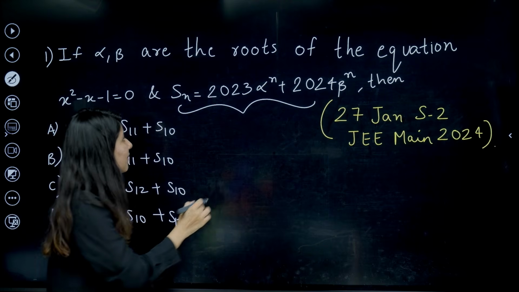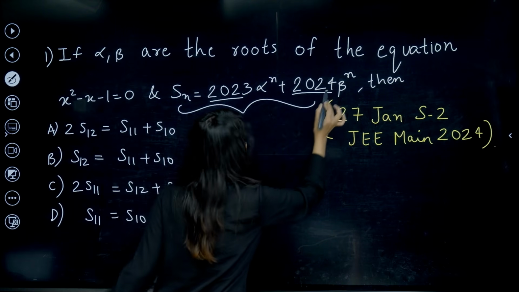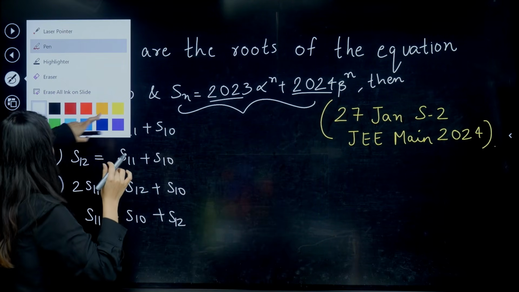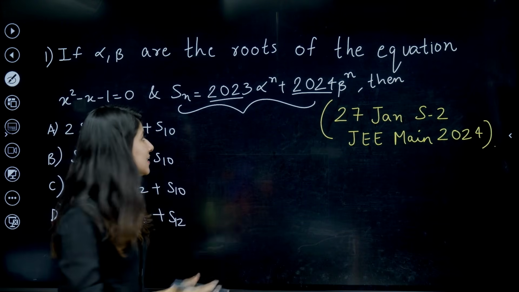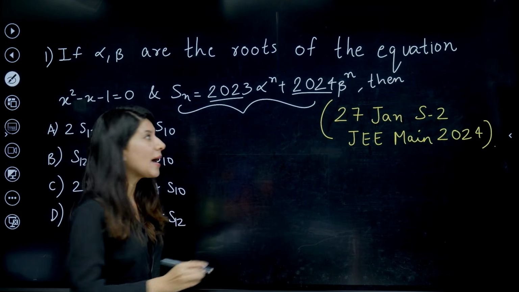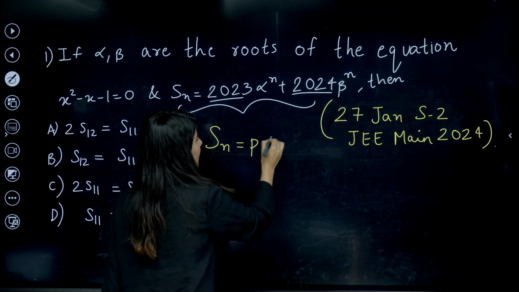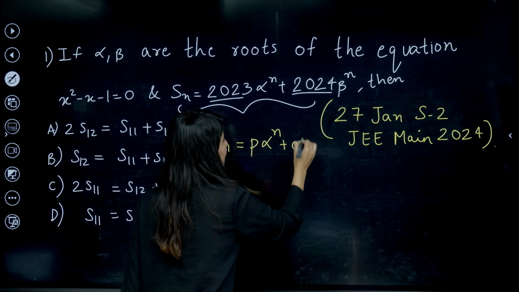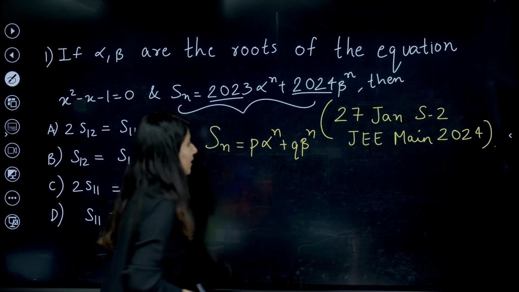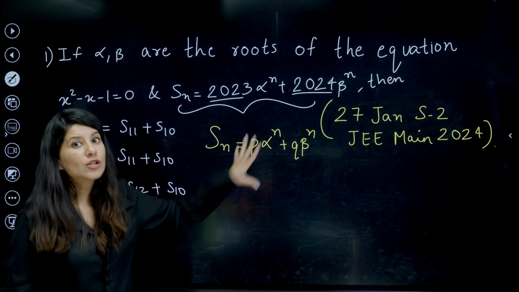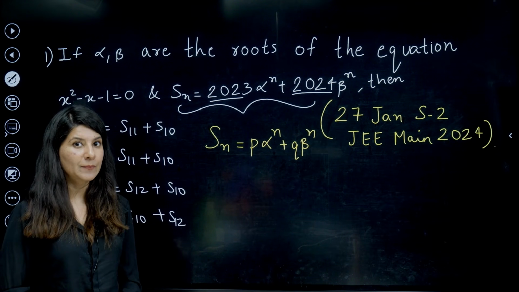Now what they have done is they have attached these two constants to your alpha and beta. And the good news is Newton's formula is also applicable for the constants as well. That means Sn is equal to P alpha to the n plus Q beta to the n. If this is your Sn, then Newton's formula is also applicable, right?